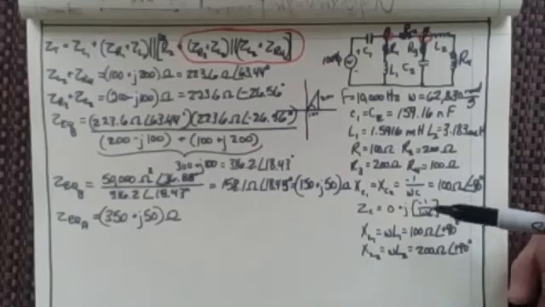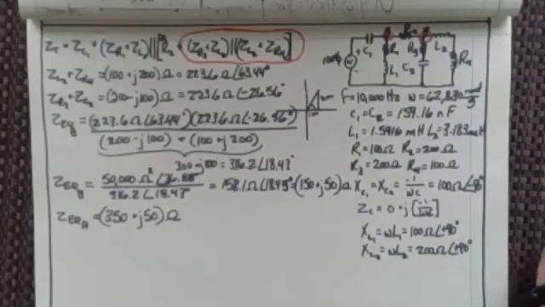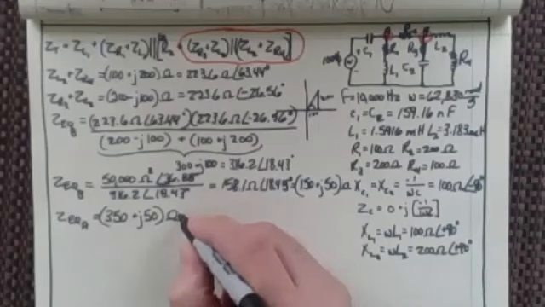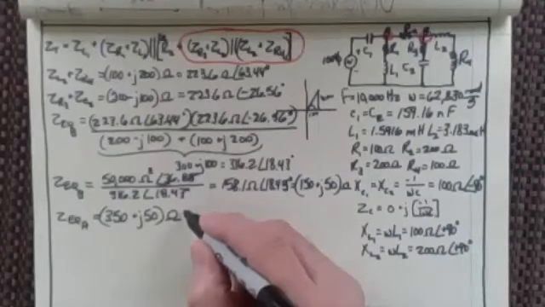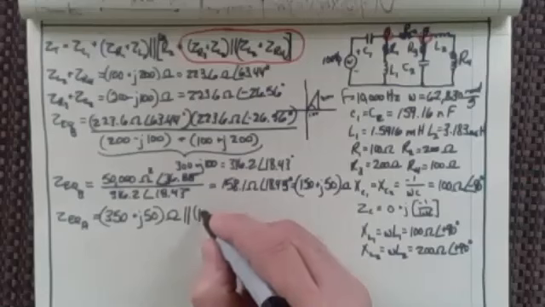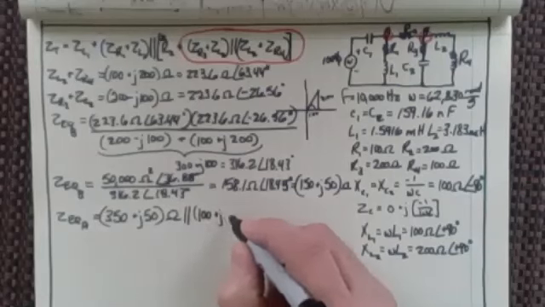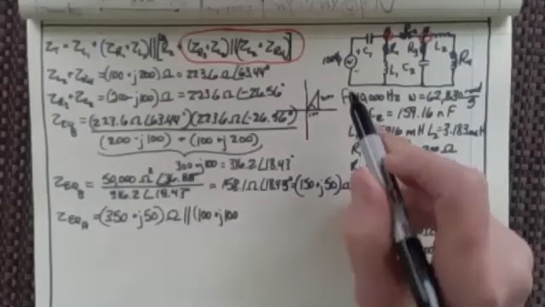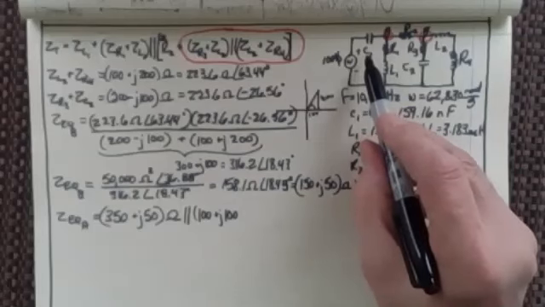L1 is 100. So they're going to be 100 plus 100. So now we have this, right? We're going to have this in parallel with 100 plus J100.